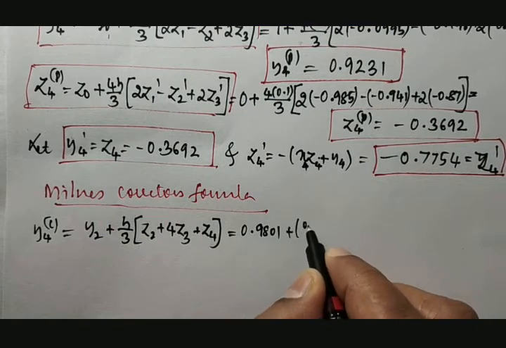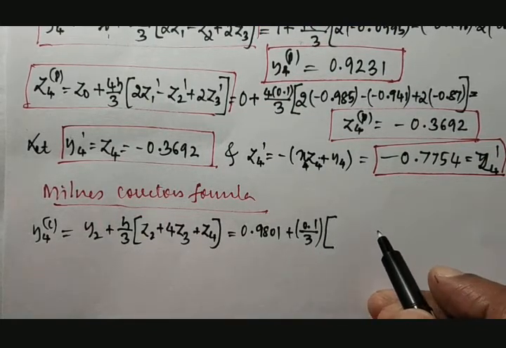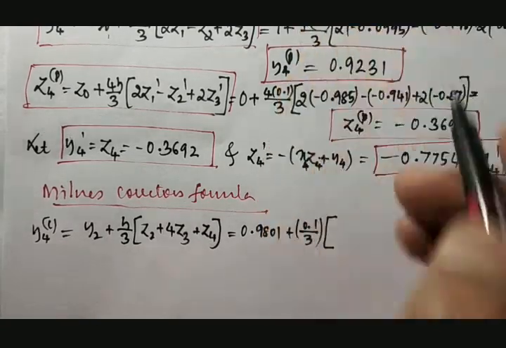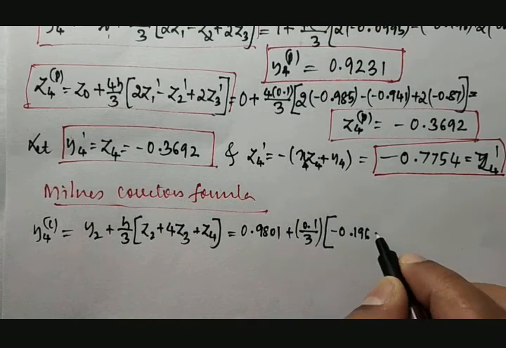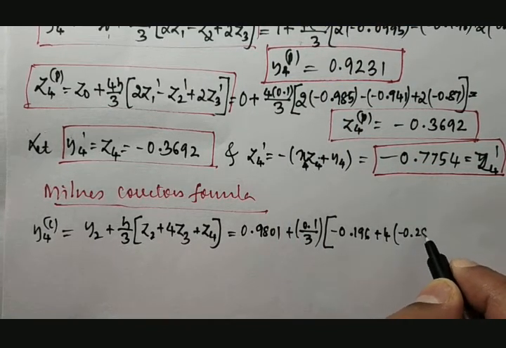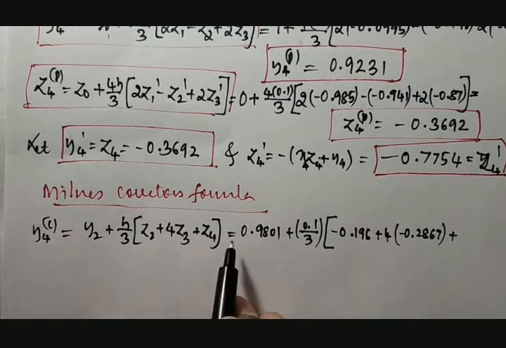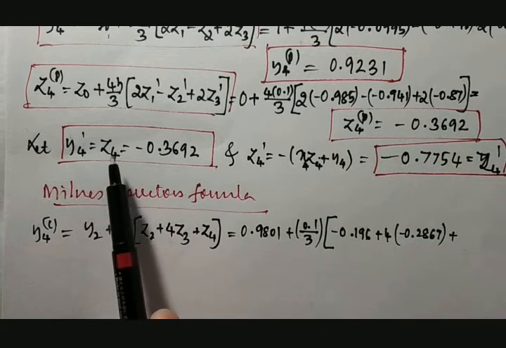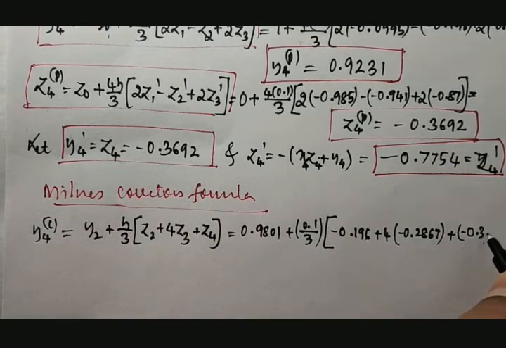plus 0.1 by 3, that into z2. z2 is from the table, that is minus 0.196, plus 4 into z3 from the table, that is minus 0.2867, plus z4. z4 is not there in the table, therefore we need to take this z4, that is minus 0.3692.